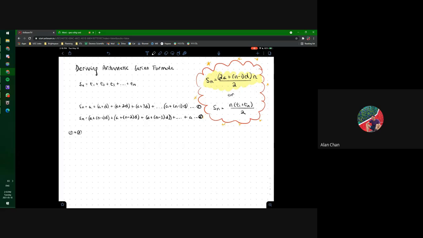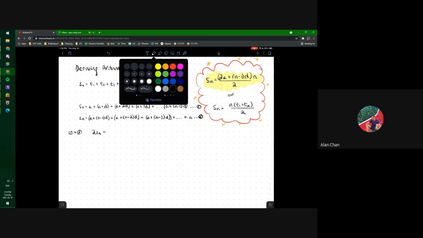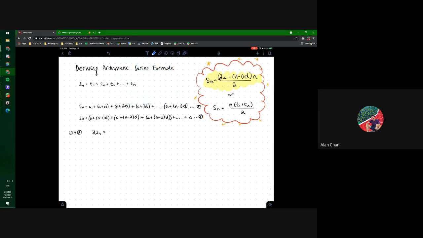Sn plus Sn becomes what? Well, that's just 2Sn, two of them. And then here comes the fun part: adding up all of this garbage. There's a lot of it. So what actually happens is something very, very sexy. Take a look at this. If we look at the first terms in both of these, which is the first one of this one and technically the last one of this one, but again, we just put it down in reverse order, we're going to add those two together.